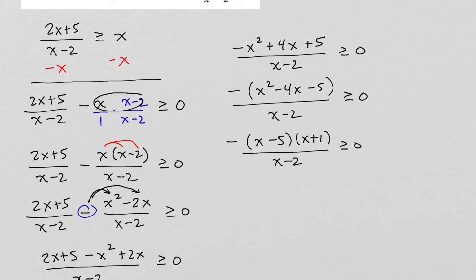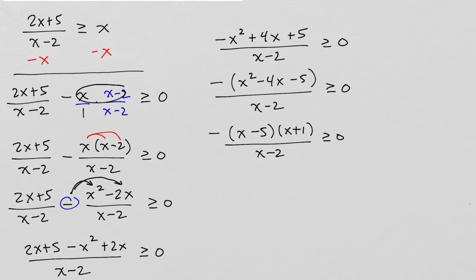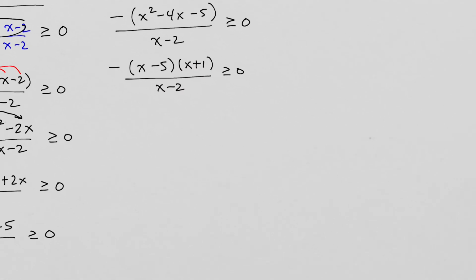And now you can see that we have our 3 separate factors. And we're going to set each of those factors equal to 0 to get our 3 important numbers. And here, of course, we get x equals positive 5. Here we get x equals negative 1. And here we get x equals 2.